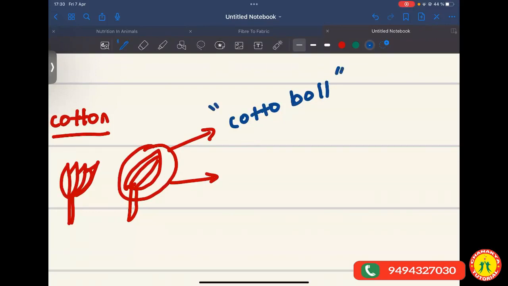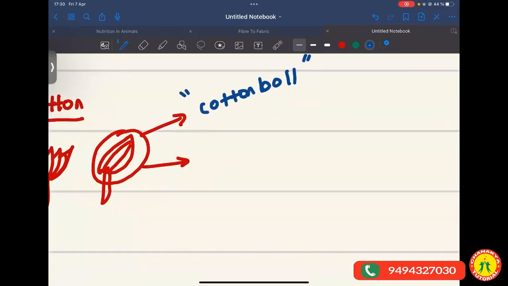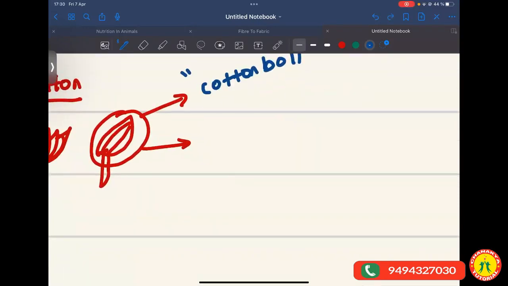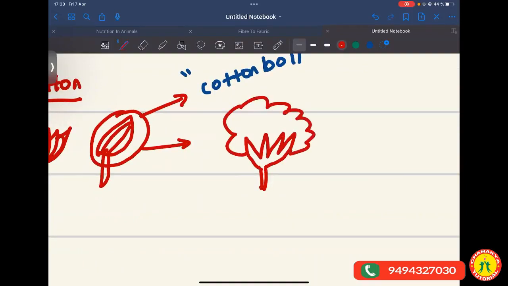It's almost the size of a lemon. It looks almost like a lemon. It's a green color thing. All right, so this cotton boll, this closed portion, you can see, will burst open. And when it bursts open, the fluffy part comes out.